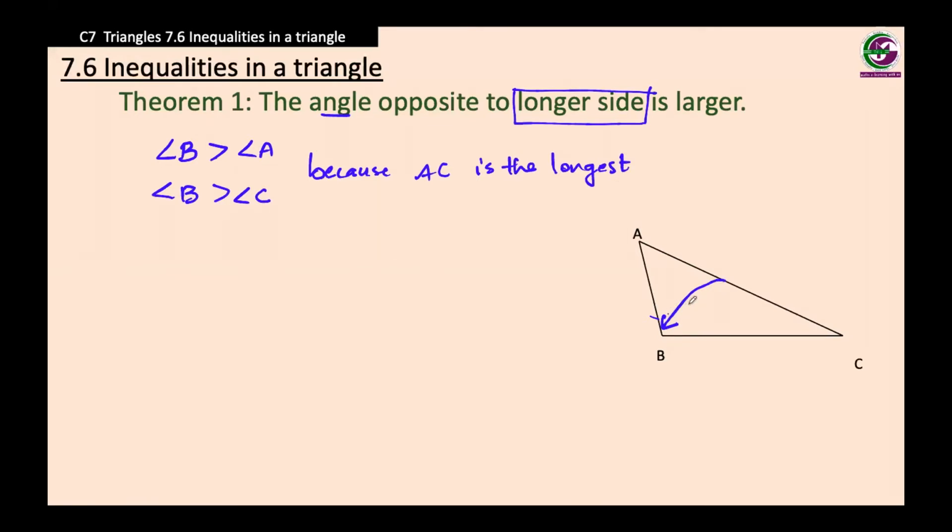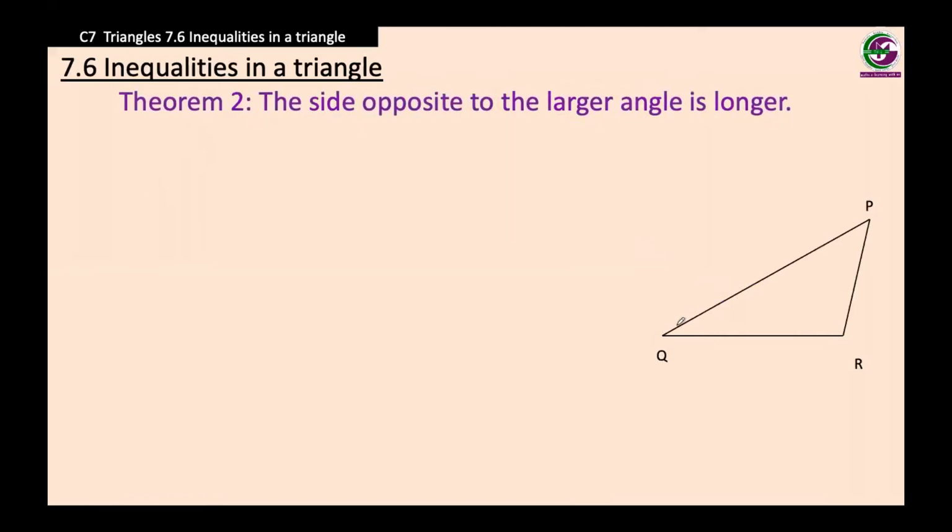Next, it says about the second theorem, which is just the opposite of it, which means we look at the largest angle. The largest angle from here is, of course, angle R, because angle R is an obtuse angle. Angle Q and angle P are acute angles. So from the angle, just choose the side which is opposite to it, or figure out which is the side which is opposite to angle R, which is PQ.